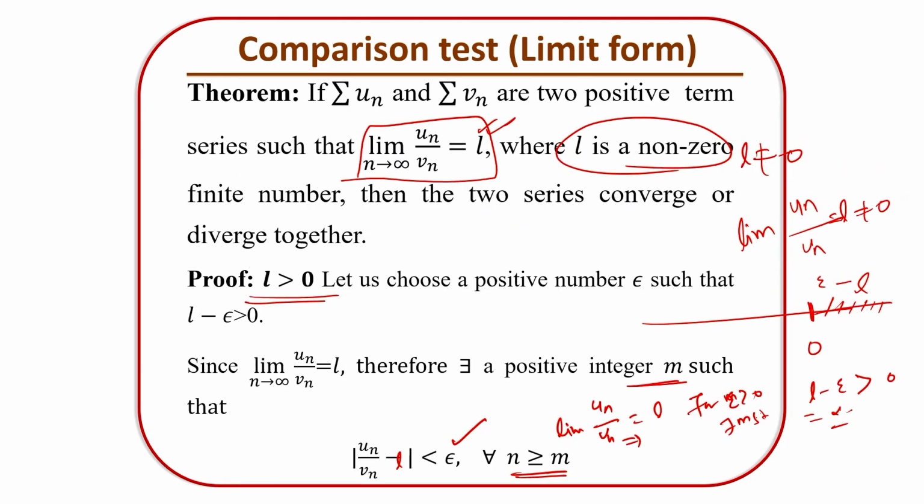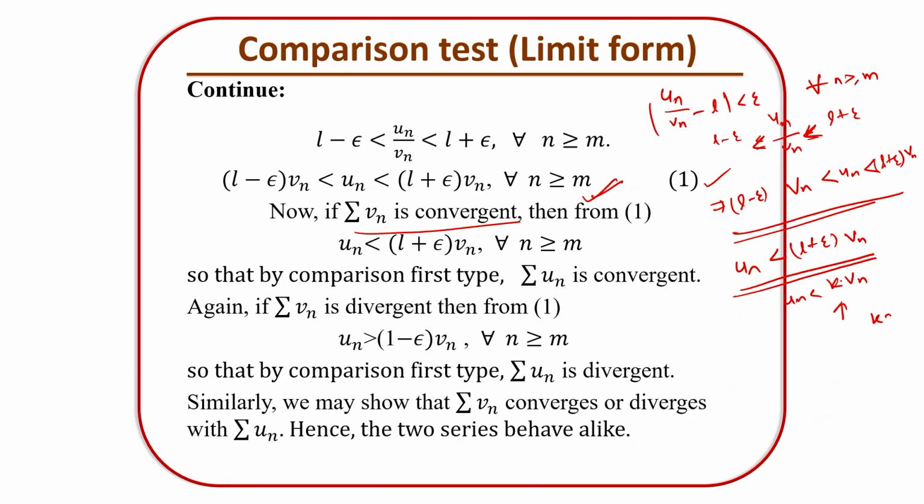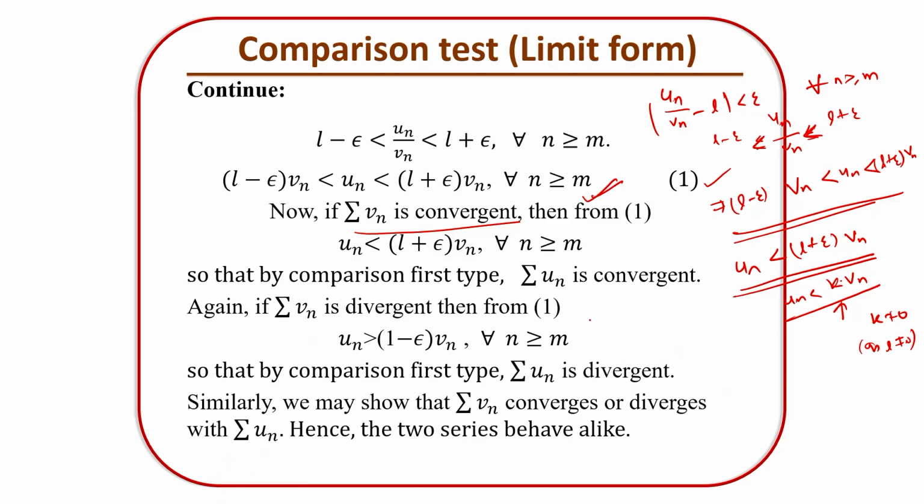So it is a fixed number. It is the first type of comparison test. So by the first type of comparison test, if series Vn is convergent, that leads to series Un also being convergent. So both series converge together.